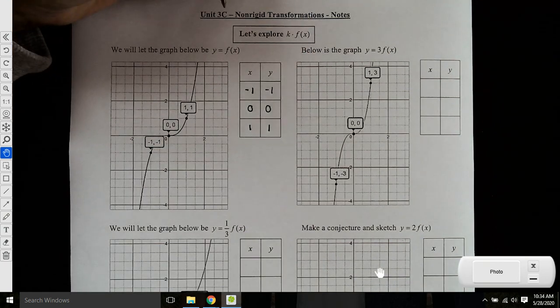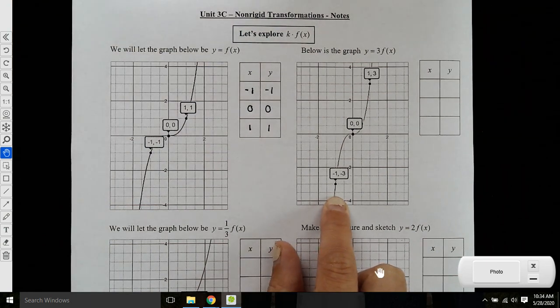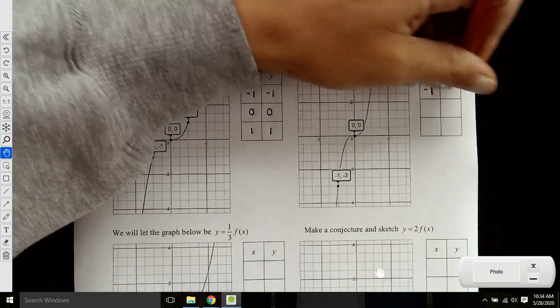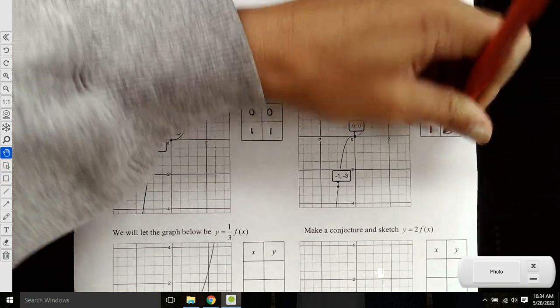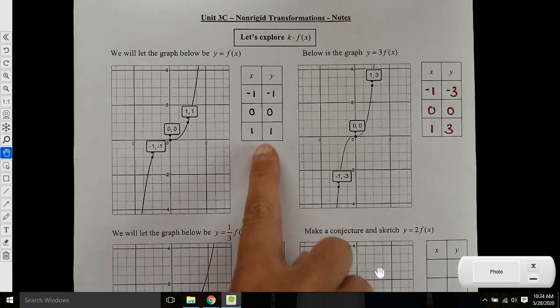Now I'm going to use this function to show different features of what happens when you multiply that function by a value. So if you say y equals 3 times f of x, this is what happens. For this function, I have the points -1, -3, 0, 0, and 1, 3. Now just take a second to look at the differences between this table and this table.